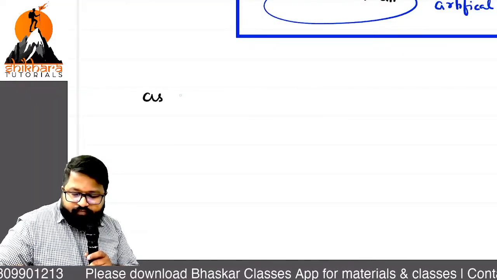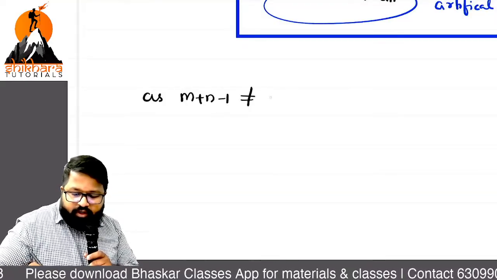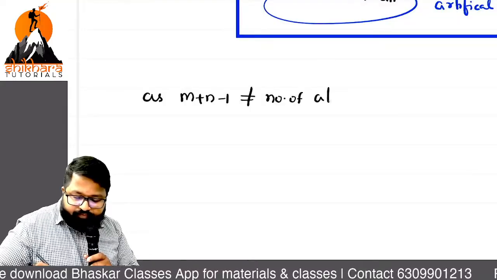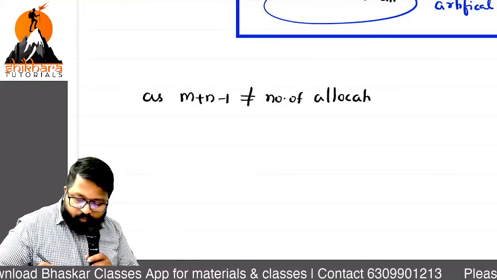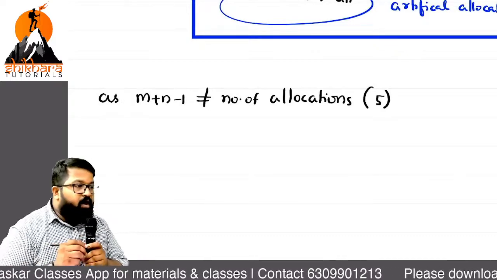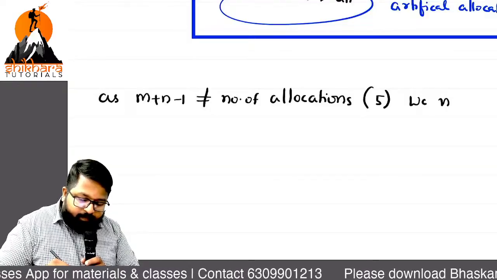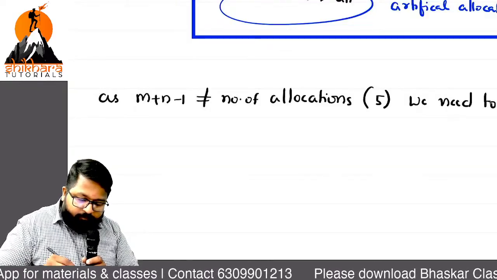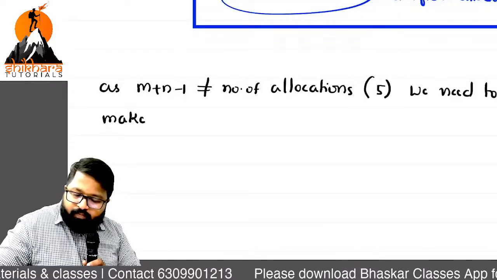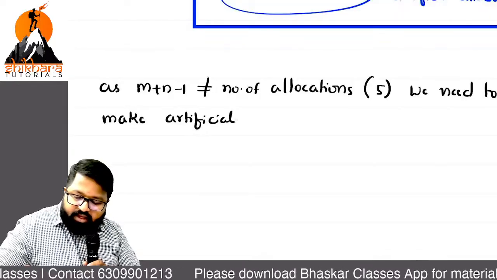As m plus n minus 1 is not equal to the number of allocations. What is the number of allocations we have? 5. We need to make an artificial allocation.